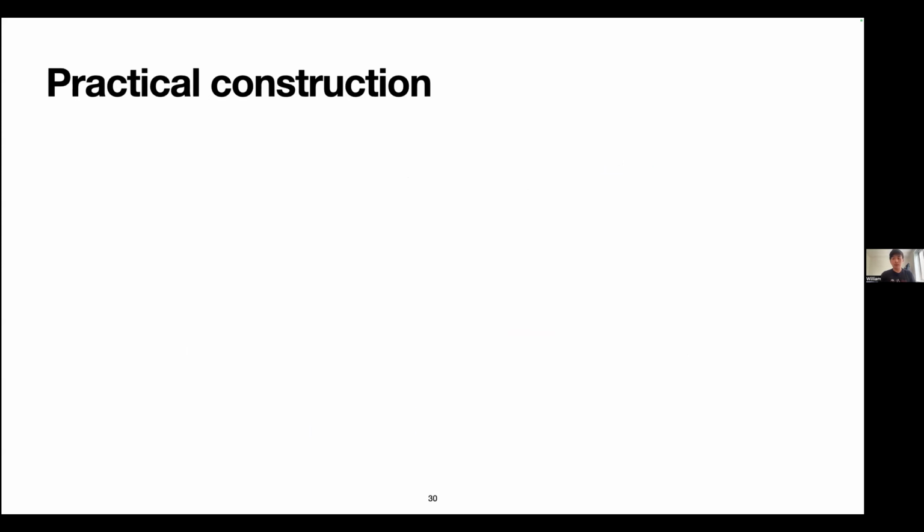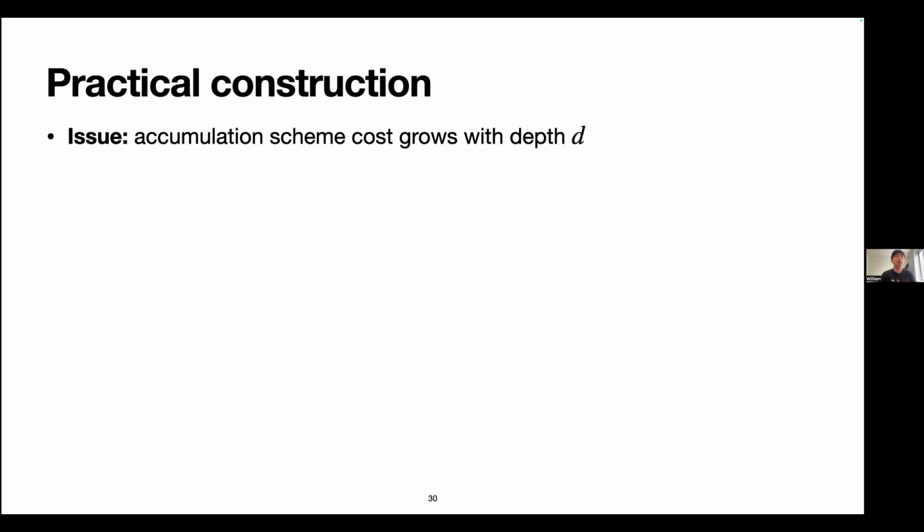Okay. So I also want to talk about how you might actually practically construct this IVC scheme. The issue is that our accumulation scheme's cost grows with the depth d. And so ideally, we want d in practice to be quite small, like 2 or 3. So if we actually wanted to implement an IVC scheme, the way that we envision doing this would be to use our tree IVC with our bounded depth accumulation scheme for a decent number of steps, and then run a SNARK prover on top.